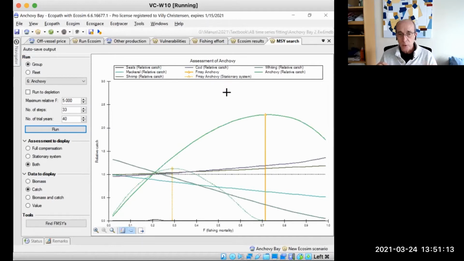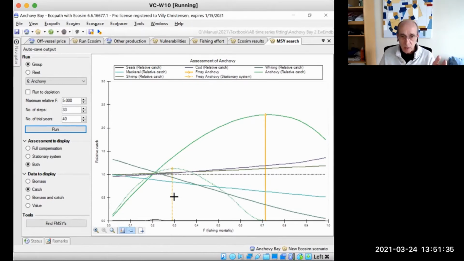So it's assuming that predators stay the same, they're not impacted by it. It's assuming that prey, that we don't see that because we fish harder, there are fewer anchovy, and therefore there's more food for the individual anchovy and it will grow better. We don't have that kind of compensation in this single species model.